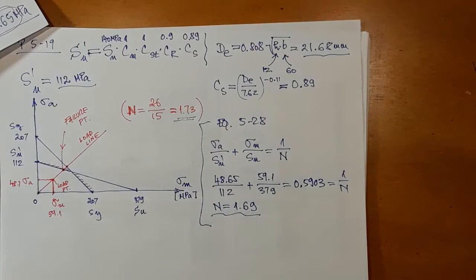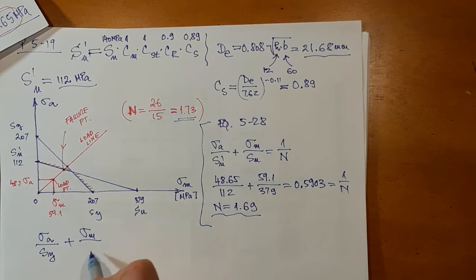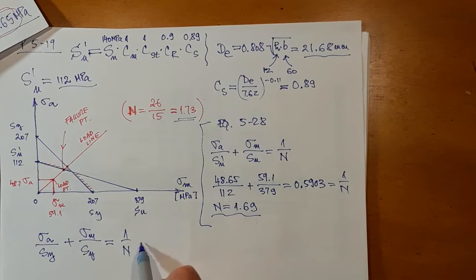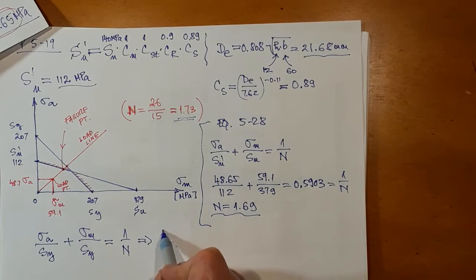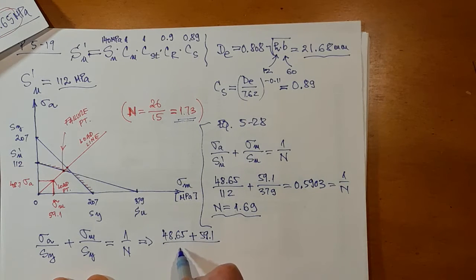If I'm now using the yield equation, intersection with the yield line, or checking for early cycle yielding, the equation is sigma a over Sy plus sigma m over Sy equals 1 over n, and we have 48.65 plus 59.1 over 207.